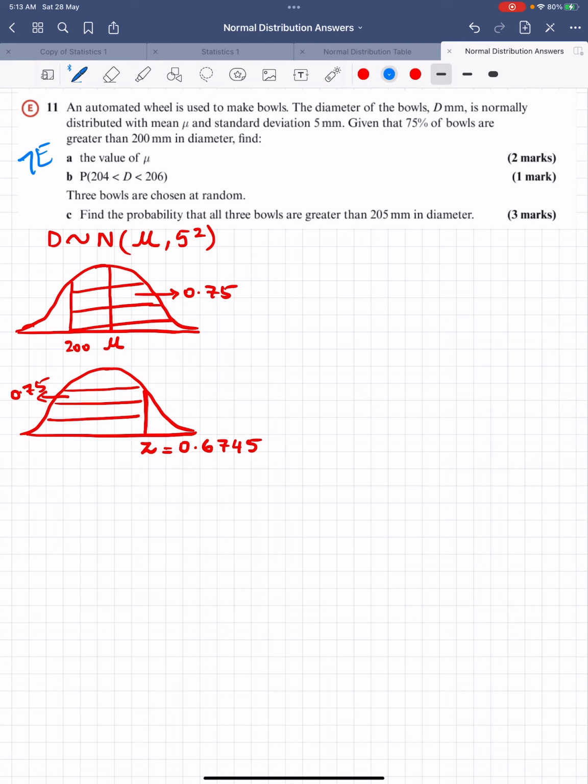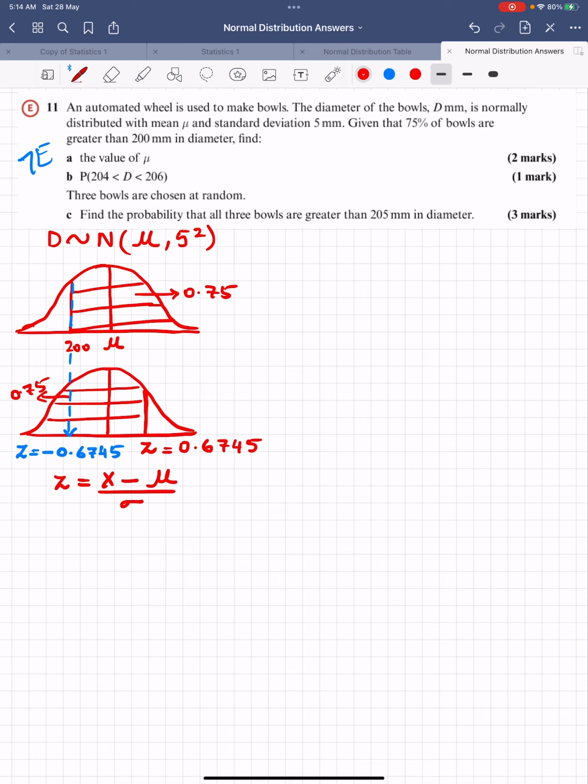Since we are looking for the z value corresponding to 200, which is to the left of the mean, we need the z value at the left of the mean, which is exactly the opposite. So it's minus 0.6745. Now we use the formula connecting the z value to the mean: z equals observed value minus the mean, divided by the standard deviation.